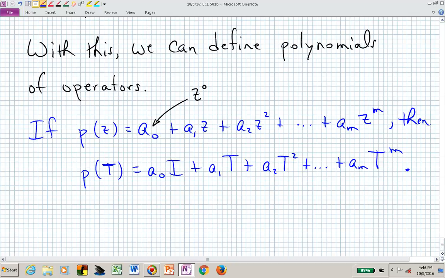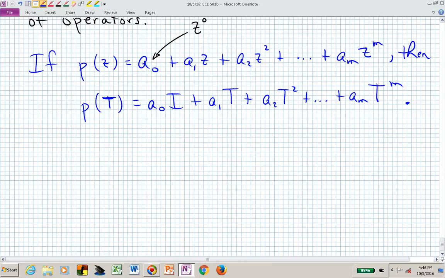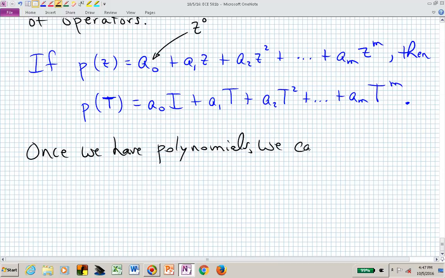So you give me a polynomial, I can now create a polynomial operator with that polynomial. And once we have polynomials, we can actually go a little bit further.